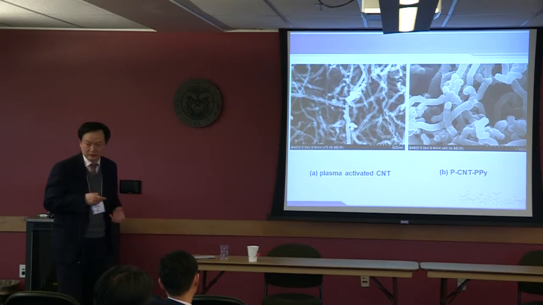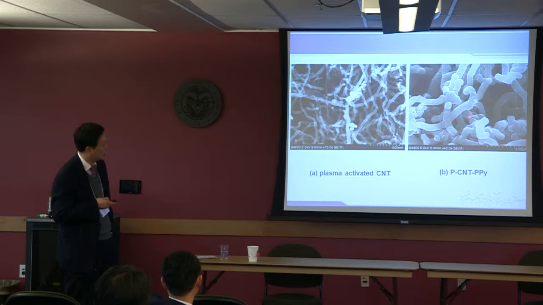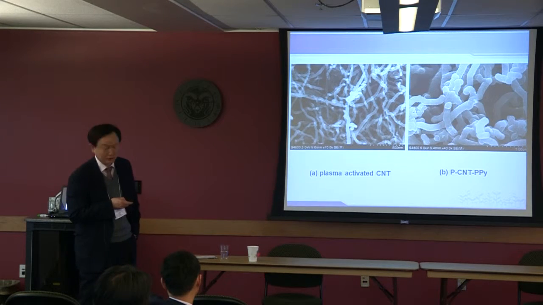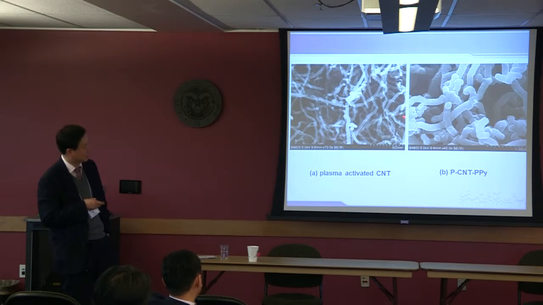So with a lot of specific surface. This one is the plasma activated CNT after introducing some polypyrrole. So the polypyrrole was covered on the surface of the tube.